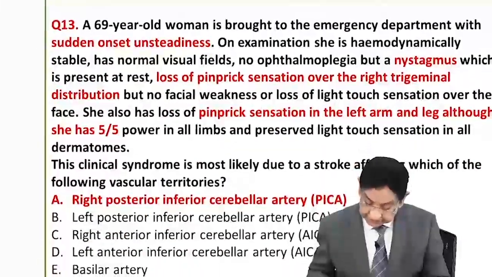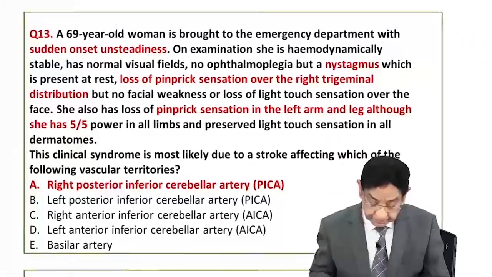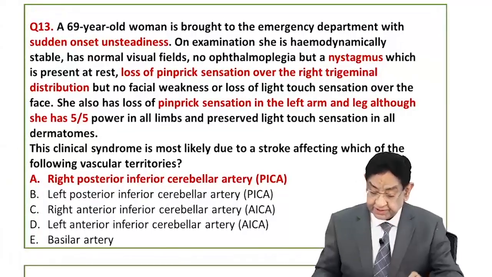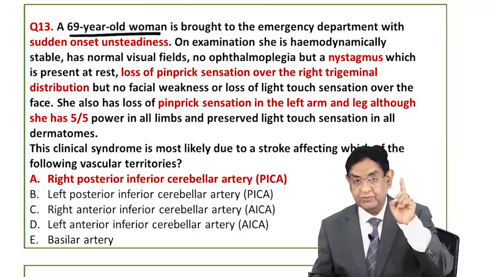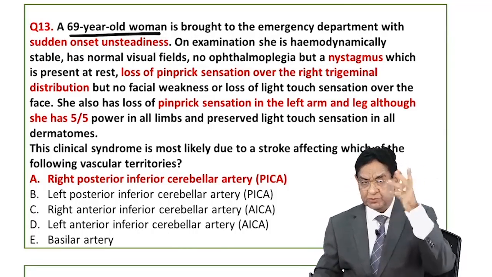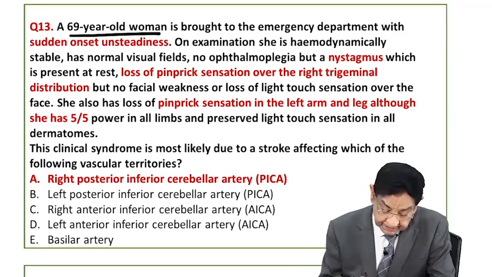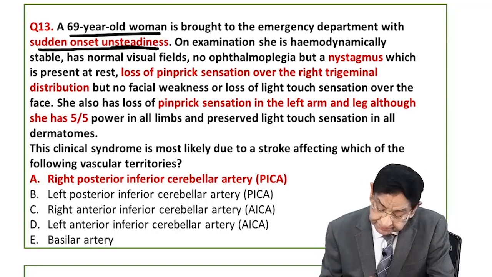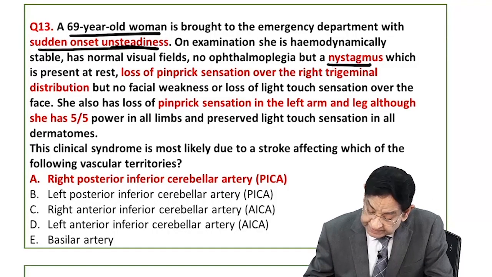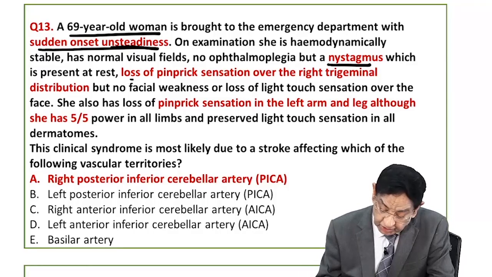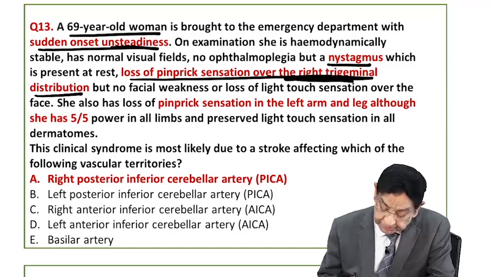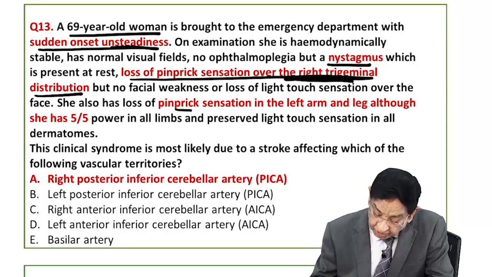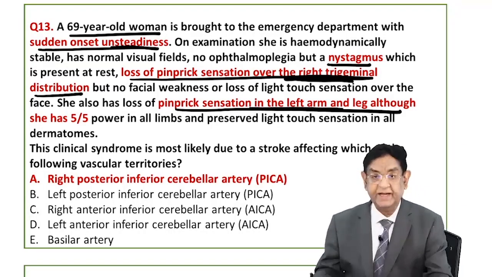Question 13. A 69-year-old woman. One thing you must have noticed is that stroke patients are usually elderly people. Unsteady gait, nystagmus, loss of pinprick over the right side of the trigeminal distribution, sensory loss on the left side, left leg.